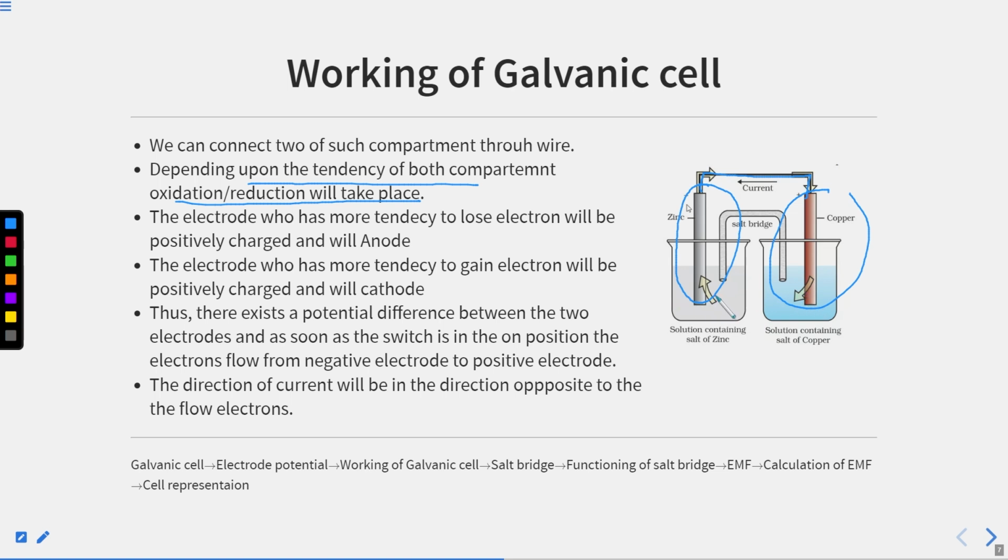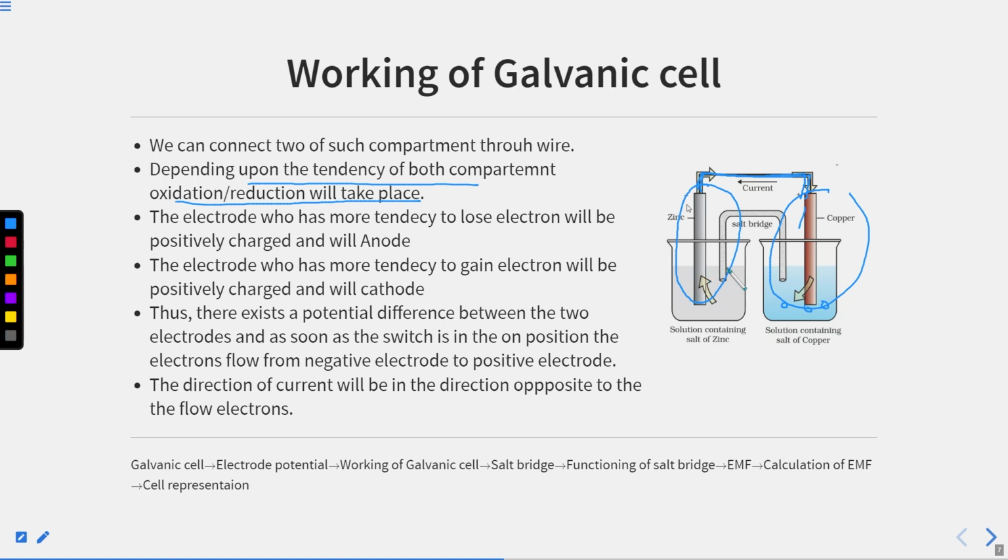At the same time, this compartment is losing 2 electrons, because this Cu is going into Cu2+. Now this electron will travel through the circuit and come here, and the Cu2+ present here will take up this electron.